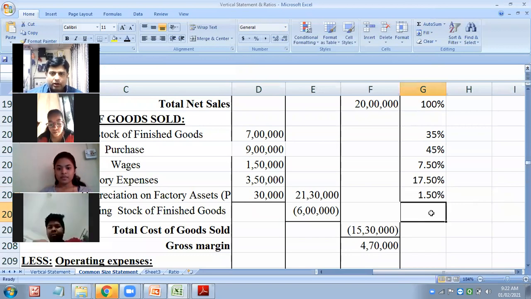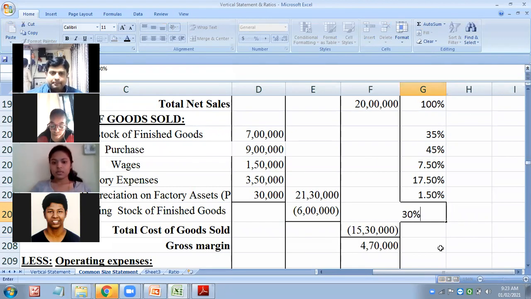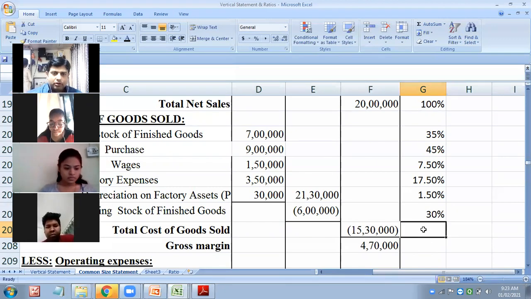Next, closing stock, which is 6 lakhs. 6 lakhs divided by 20 lakh into 100. Absolutely right, 30%. Then cost of goods sold, which is 15 lakh 30,000.